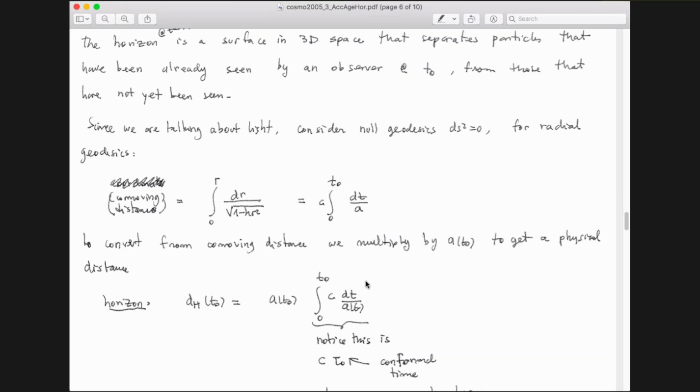Now take your pen and paper and find out, if the universe is matter dominated only, for example, then you know what a(t) is. So what will be the horizon size? Calculate and tell me once you get the answer.